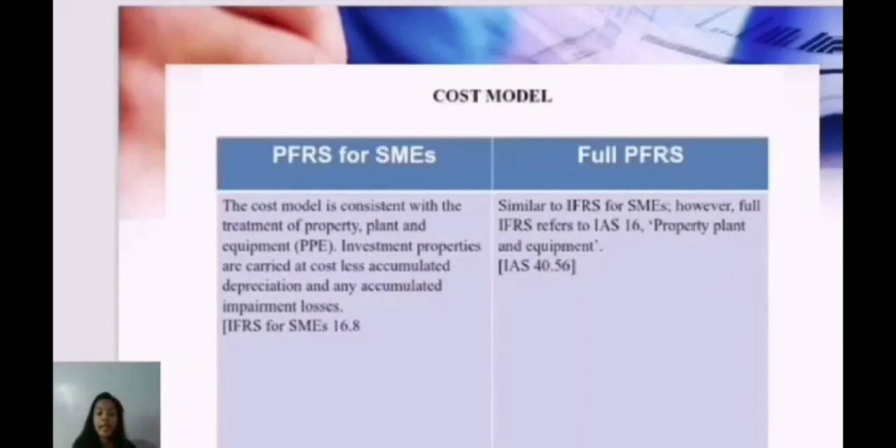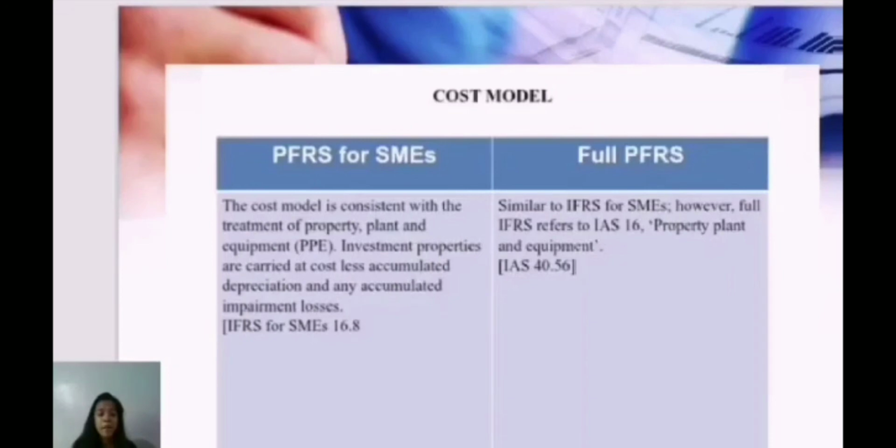For initial measurement, an item of PPE shall be initially measured at cost. The cost of an item of PPE comprises the following: A, the purchase price, including legal and brokerage fees, import duties, and non-refundable purchase taxes. B, any directly attributable cost of bringing the asset to the location and condition necessary for it to be capable of operating in the manner intended by management.